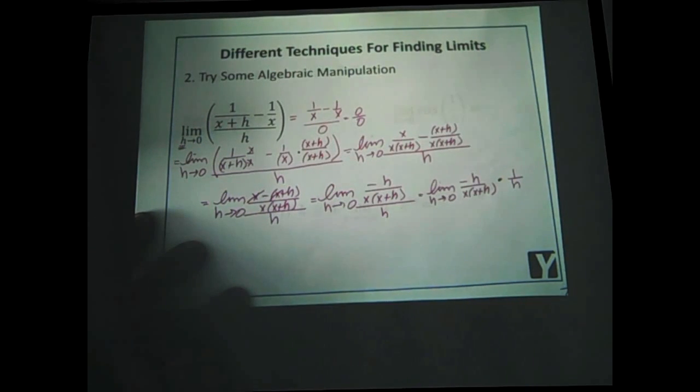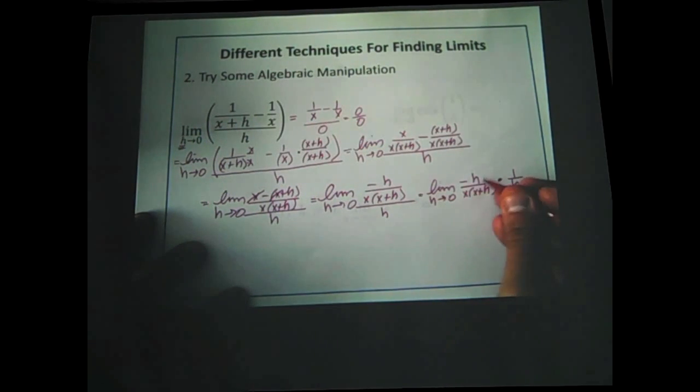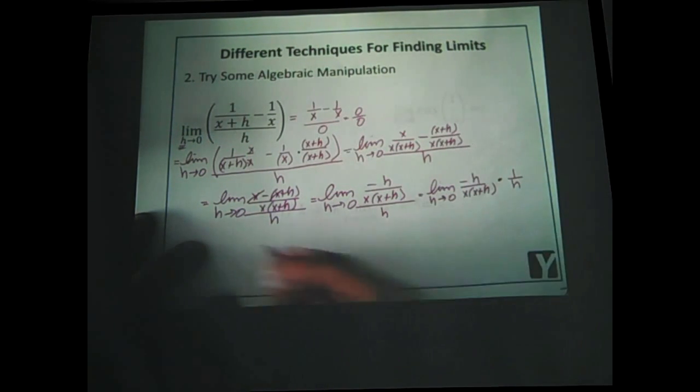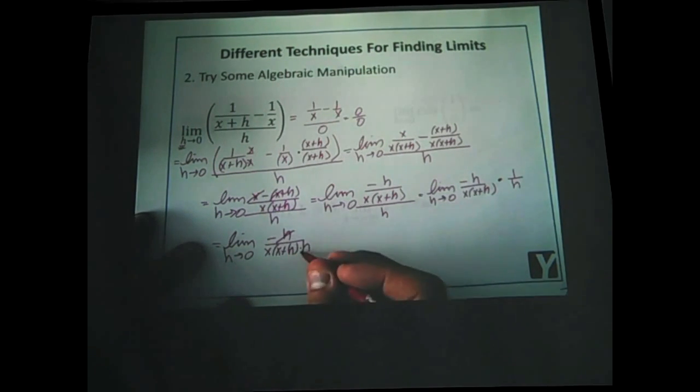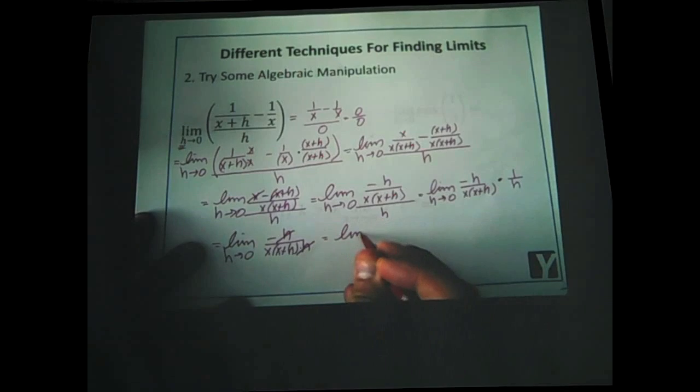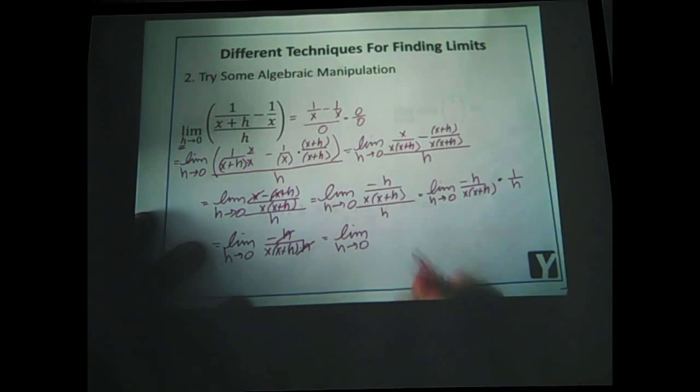The fancy word, we found the reciprocal. Now I'm multiplying fractions, numerator and numerator, denominator and denominator. We get the limit as h approaches 0, negative h over x times x plus h times h. I have an h in the numerator and h in the denominator. We get the limit as h approaches 0, negative 1 over x times x plus h.